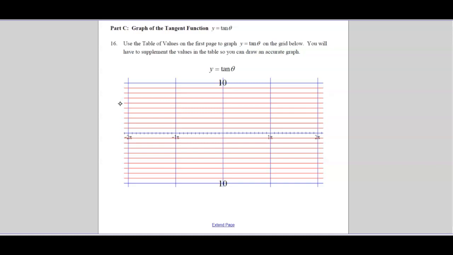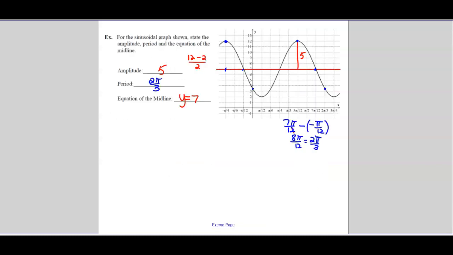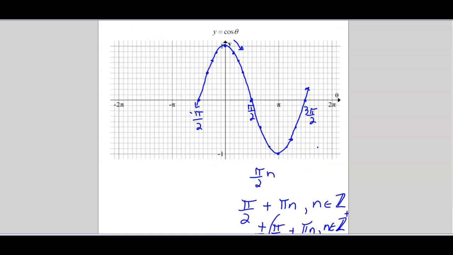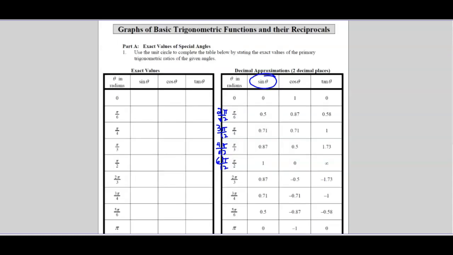Think about where, on your chart, tan value is undefined. If you take a look at your chart there, this infinity symbol means it's undefined there. So tan is undefined at pi over 2 because your y value is 1 divided by x value is 0.